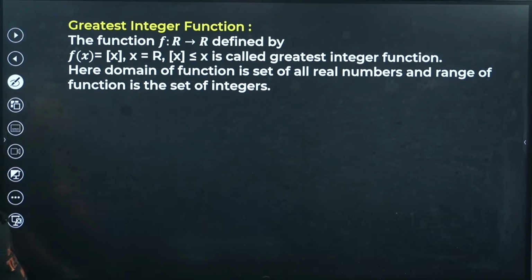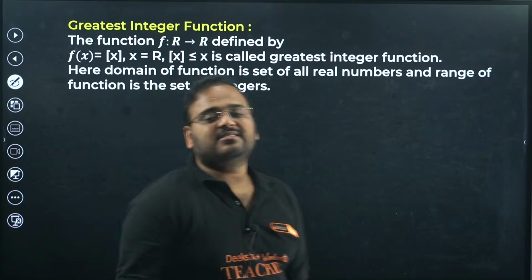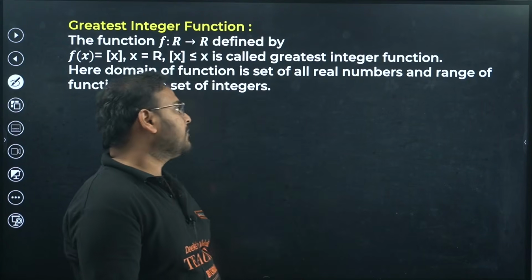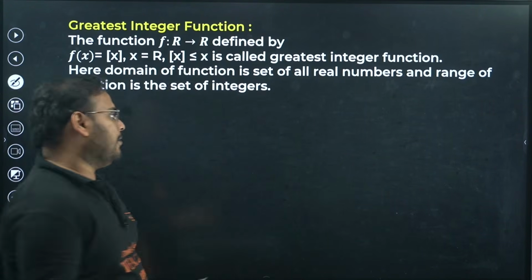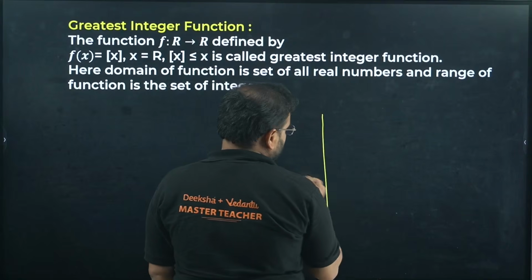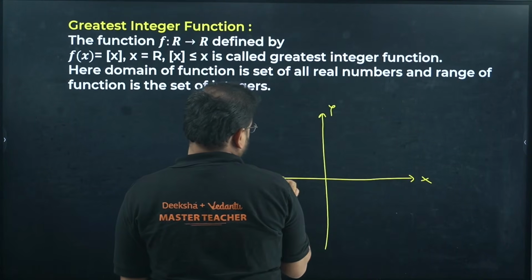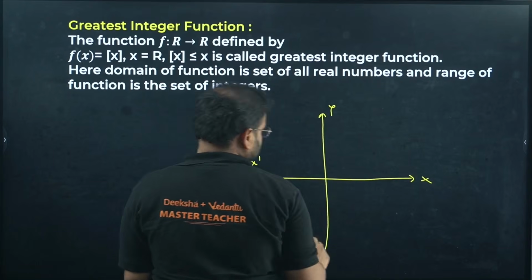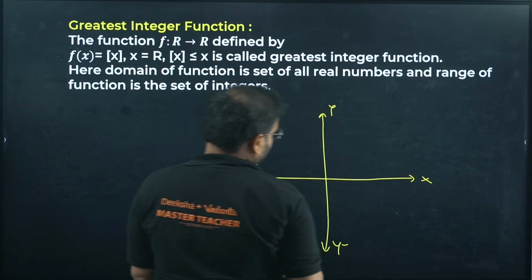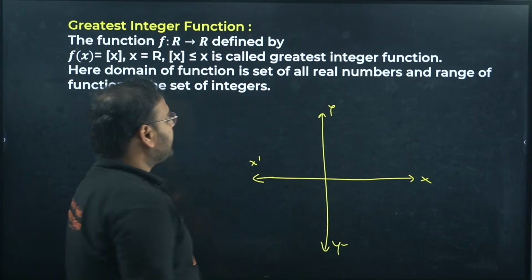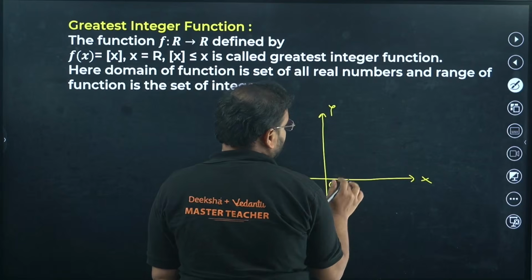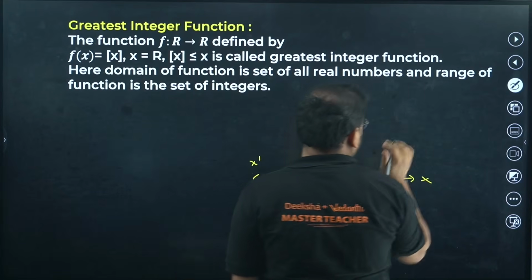Next is GI of x, meaning greatest integer function of x. Over here, the result is always an integer. If you have to draw the curve, I hope it makes sense to all of you. Please check. This is the x-axis, y-axis, x dash or negative x-axis, y dash or negative y-axis. This is the origin. So the graph looks like this.